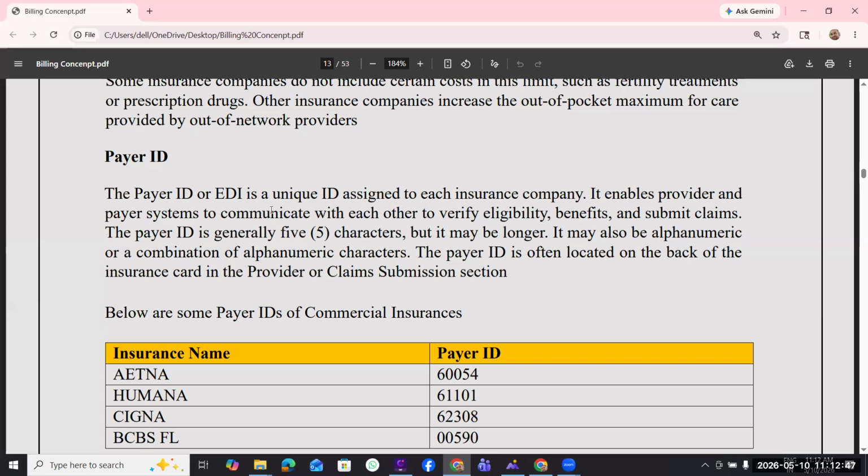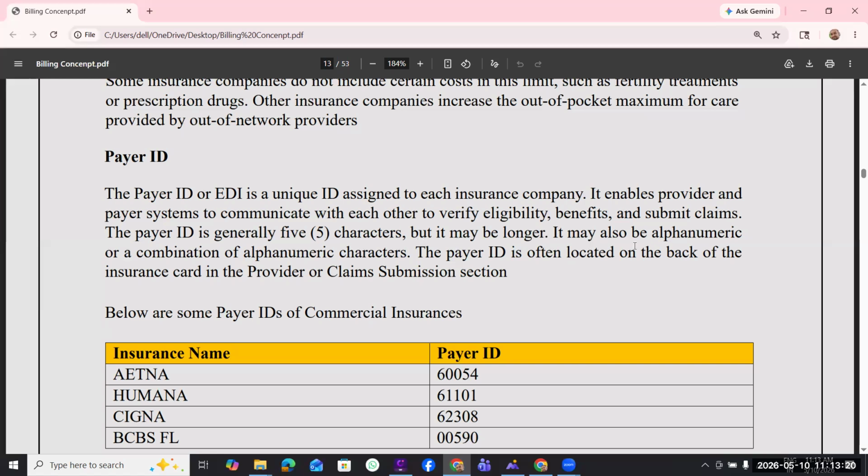In the last video we discussed networks and out-of-network providers. In this video we'll discuss the payer ID. Payer ID, or EDI ID, is a unique ID assigned to each insurance company. It enables the provider and payer systems to communicate with each other to verify eligibility, benefits, and submit claims. The payer ID is generally 5 characters, but it may be longer.